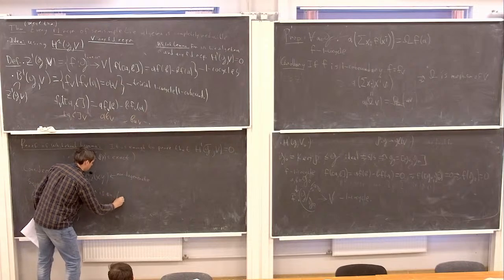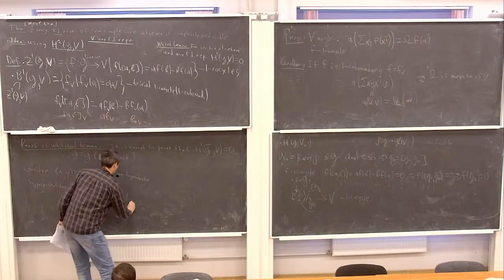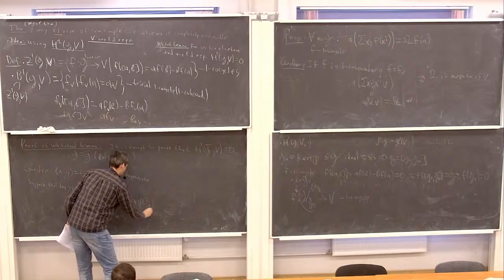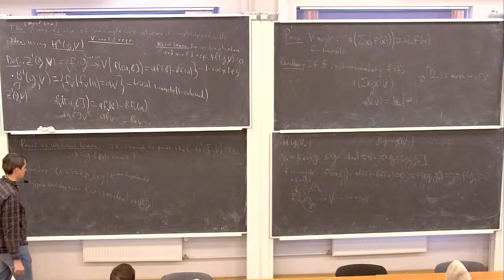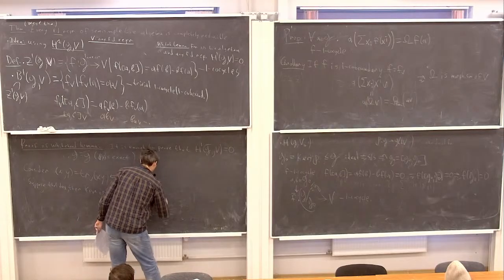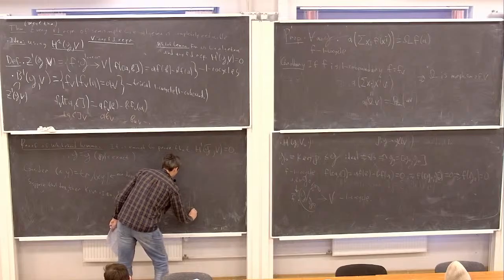Suppose that it is degenerate, then the kernel is an ideal in rho of G. Since the representation is exact, it is some ideal in G, and therefore there is an ideal in G.